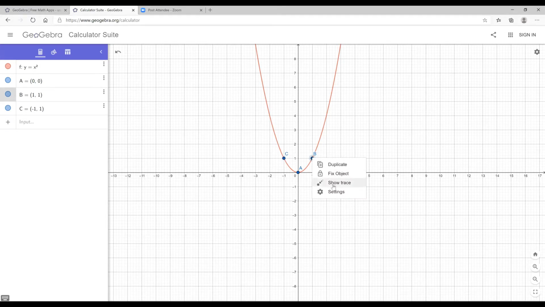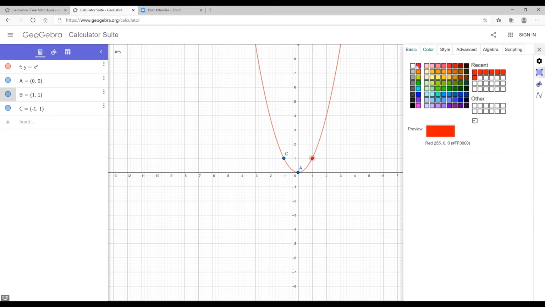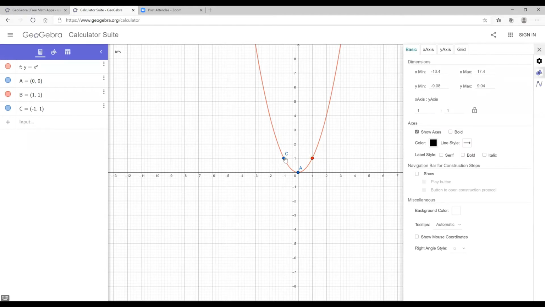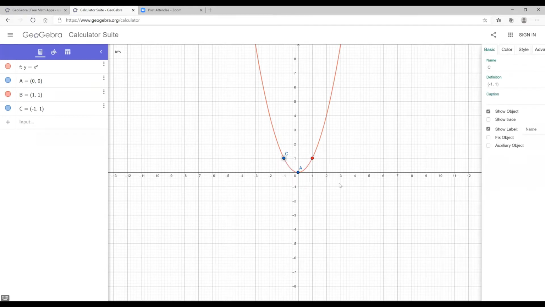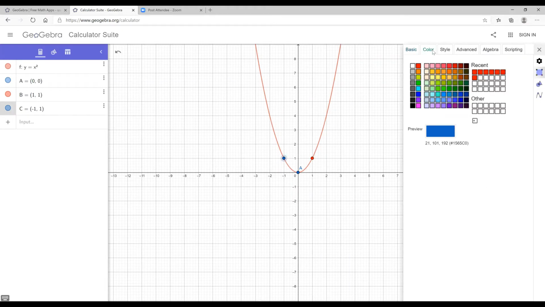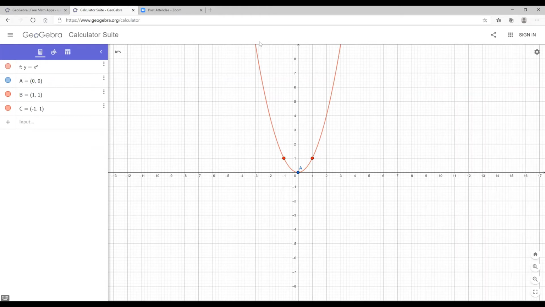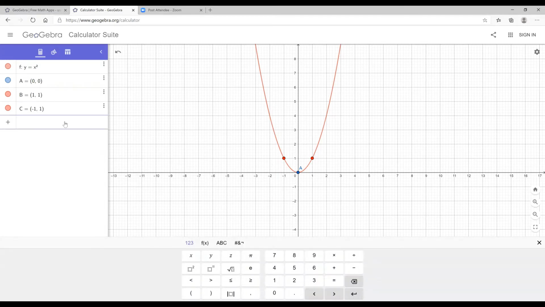I'm going to change these colors to red, because they're going to be tied to this graph. So I don't need a label, but I just want to make them red. Okay. So there's our basic parabola, y equals x squared, goes to the point (1, 1), goes to the point (-1, 1).